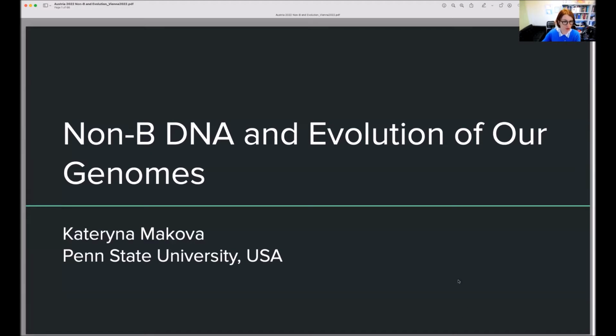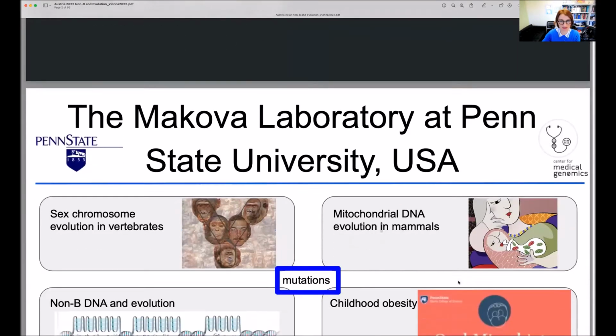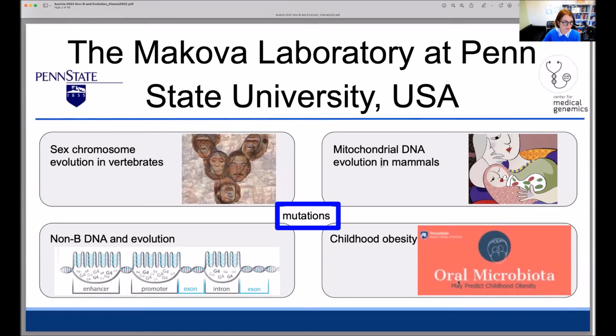And just to give you a brief introduction about some of the projects that we work on, and Barbara already mentioned many of them. We work on sex chromosome evolution in vertebrates, mostly in primates.